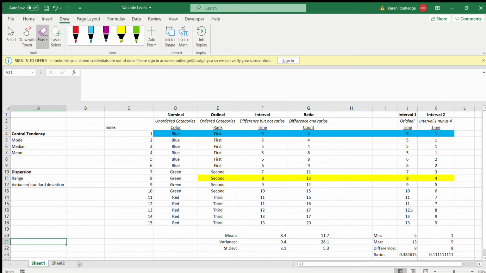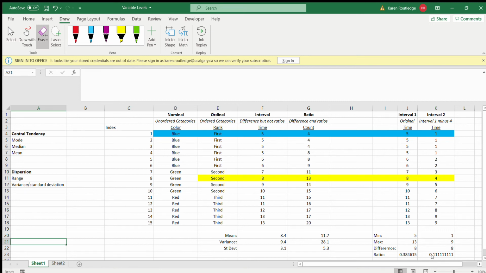So even though this is kind of the same data, we took the data and we subtracted 4, because we are allowed in interval level data to shift our 0 point, so we can arbitrarily add and subtract numbers from this, our differences between values stay the same, but our ratios between values do not stay the same.